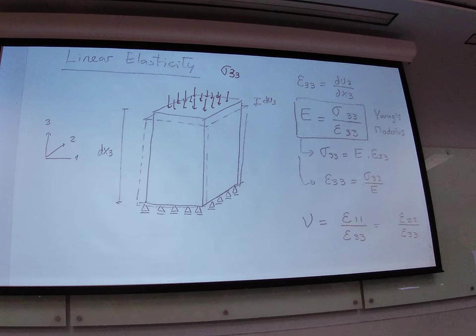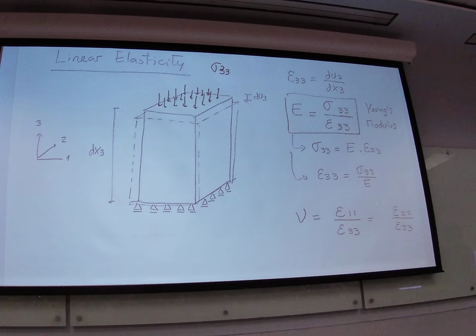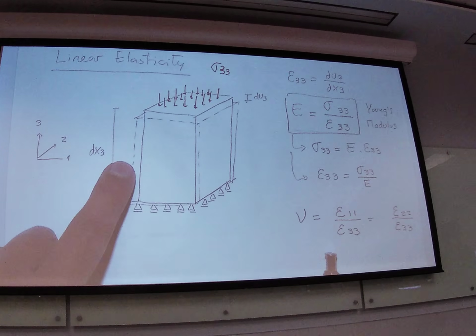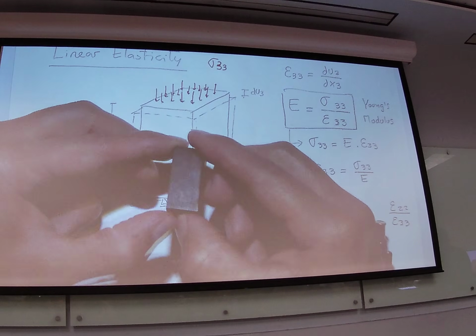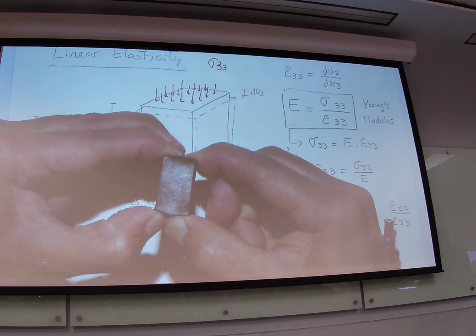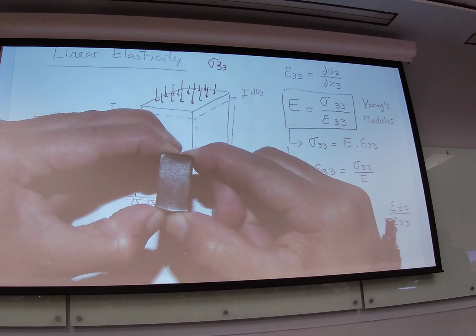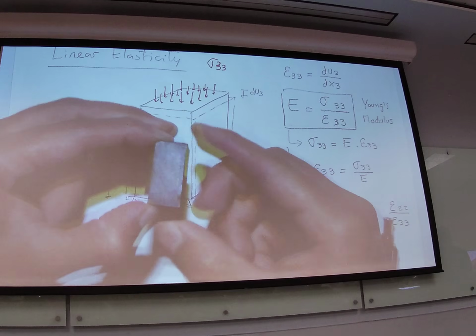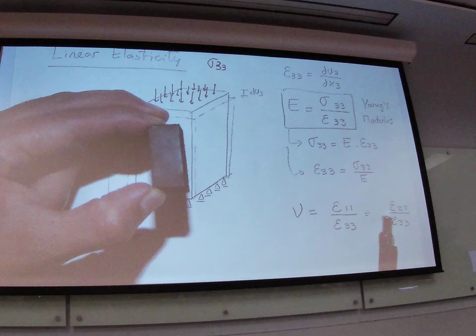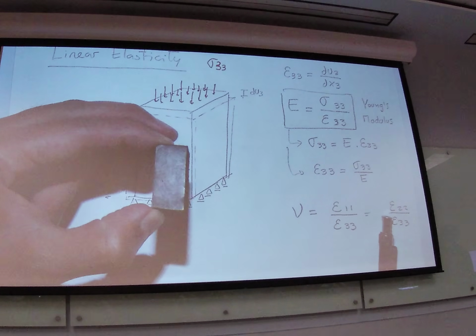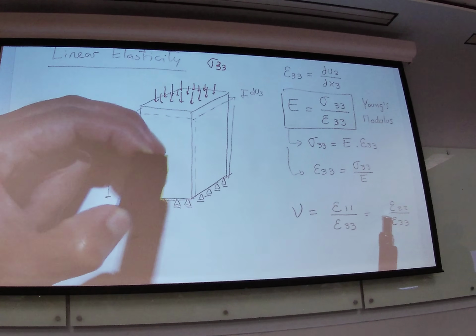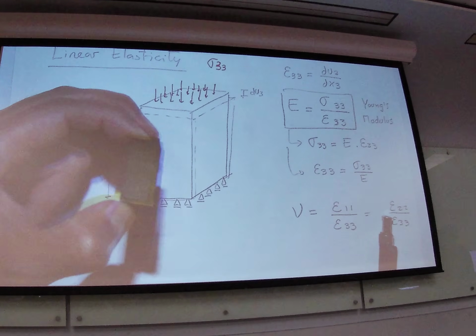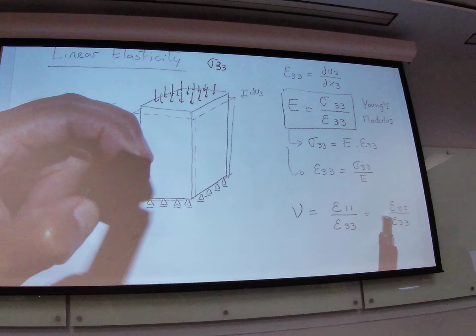So notice that as we showed in this example before, if we have compression in one direction, the Poisson effect tells me that we're going to have extension in the direction perpendicular to it. And those strains are not going to have the same sign. Compression we assume positive, and extension we assume negative.